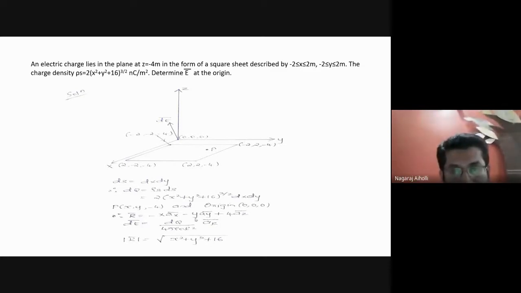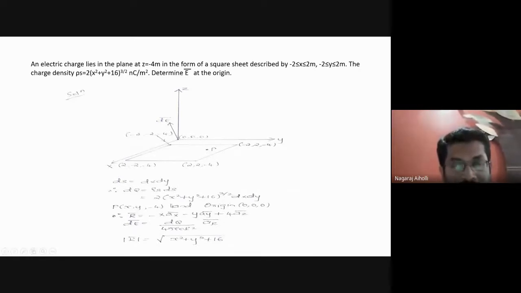And the origin is 0, 0, 0. Therefore, what will be R bar? R bar is from the origin to the point P. We are finding the electric field intensity due to the points on the sheet at the origin. Therefore, the origin will be the destination and point P will be our source.